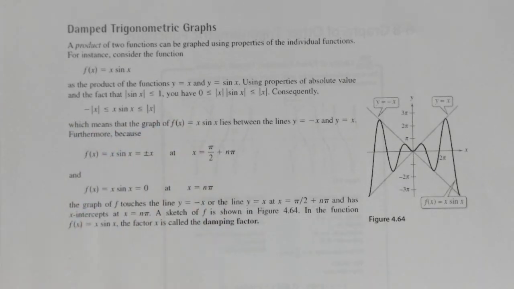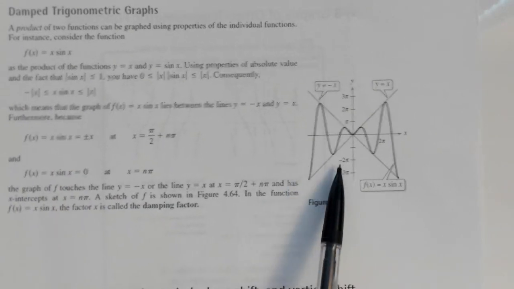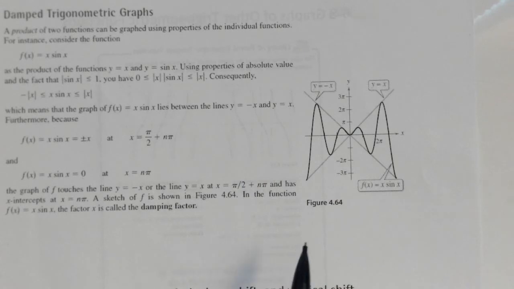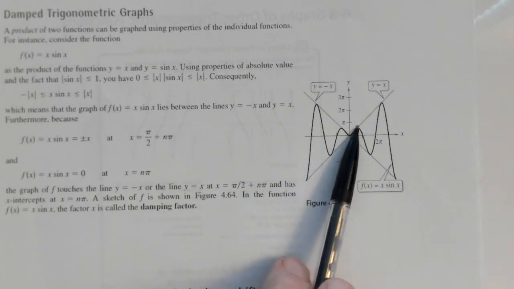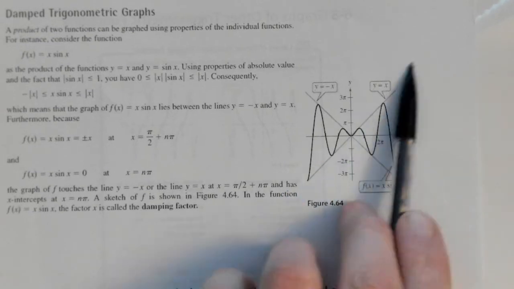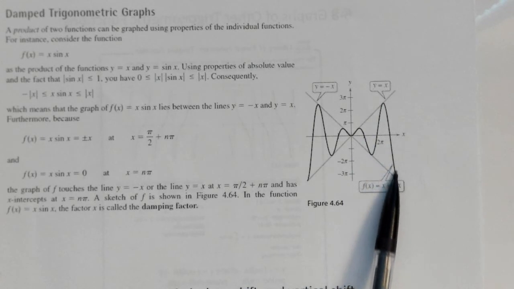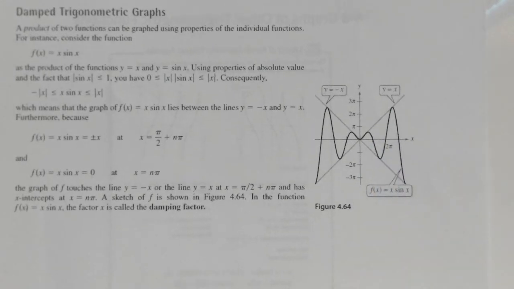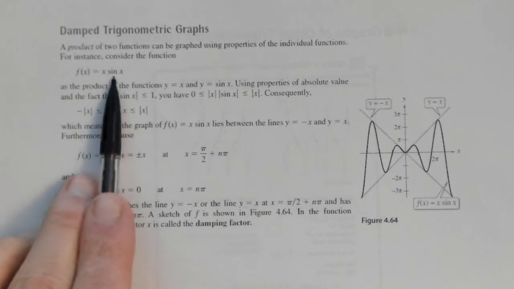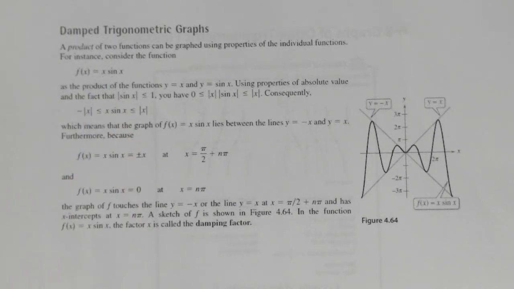And so really, what we're looking at as far as a graph of this thing is concerned, instead of being bounded between 1 and -1 like it typically is, the curve is now bounded by y equals x and then y equals -x as far as the maxes and minimums are concerned with how high the function reaches, right? And it's because that curve is being multiplied now by an x function, all right?